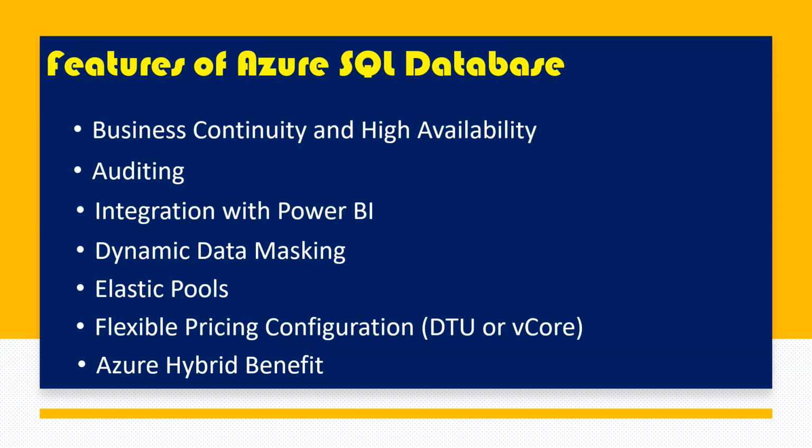And dynamic data masking. What is the meaning of dynamic data masking? I'm not sure how many people use it, but we have seen it. For example, when you withdraw money from an ATM machine, you get a slip. In the slip, the amount will be there, but the account details will not show the full numbers.